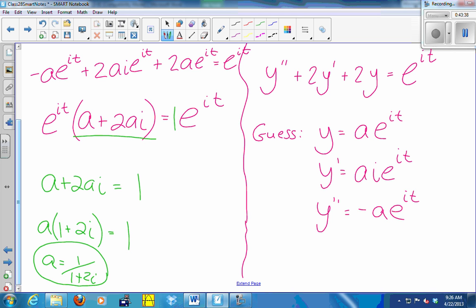So I have a function, right? I plug my a into my guess, and now I have a function that makes this equation with the forcing function e to the it true.